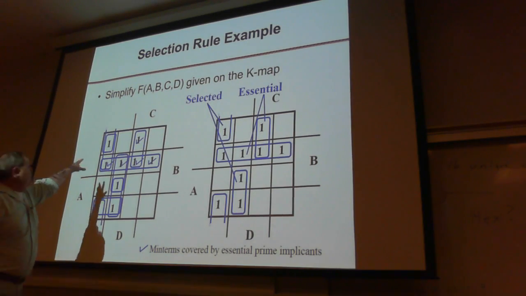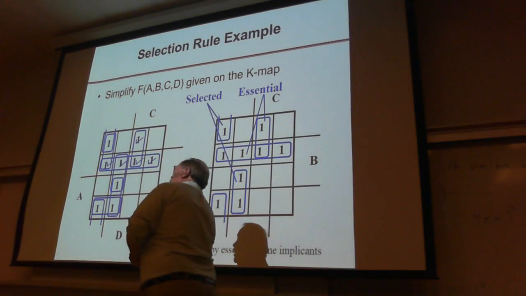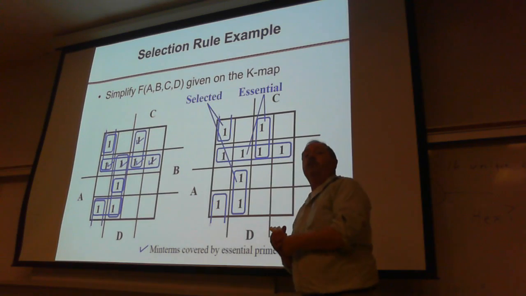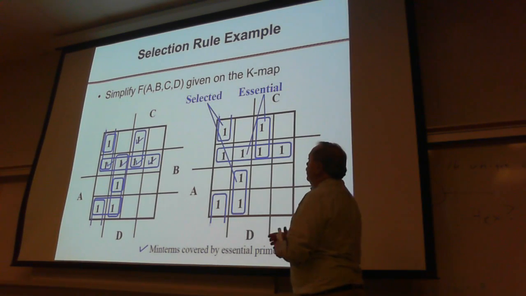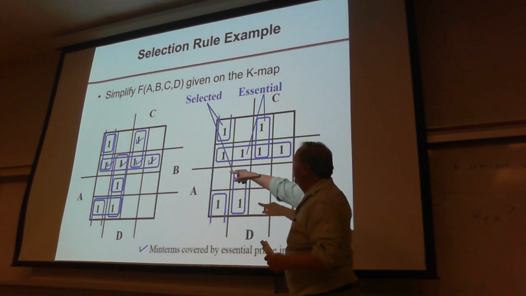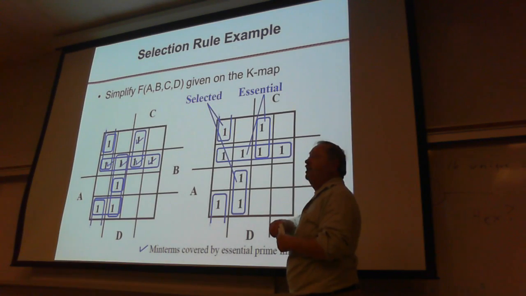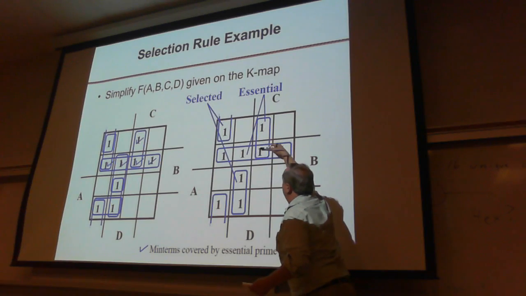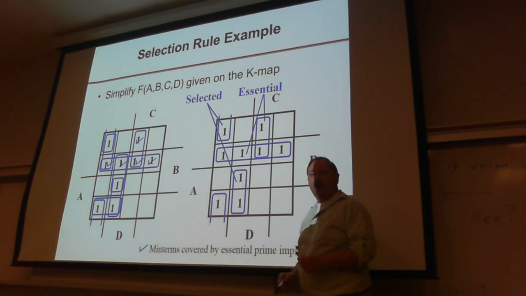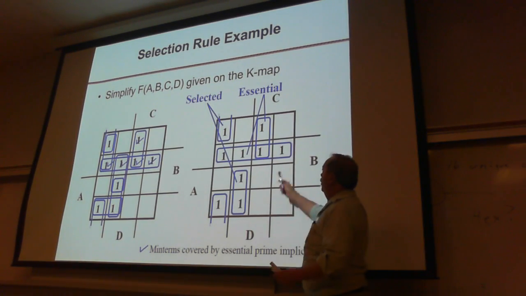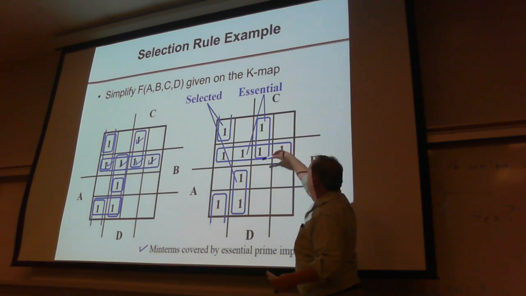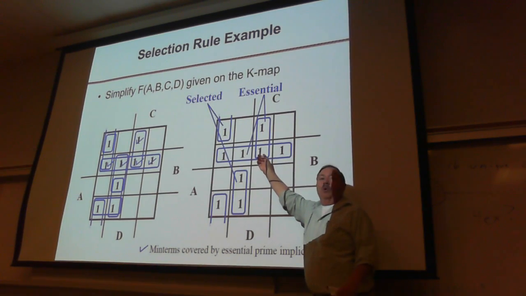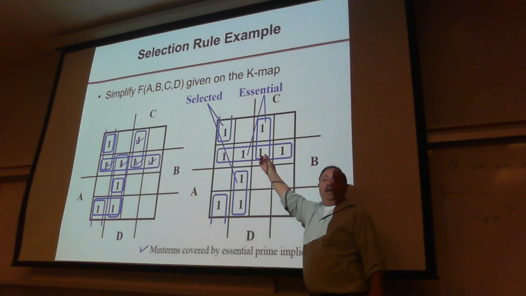Even though on some of these I have multiple ways to select, and on some I can only select them one way, I'll start with those. My 2 collections of the essential prime implicants were this grouping and this grouping. So I'll grab those 4, and I'll grab this pair. Notice I already have one overlap that I've accepted.